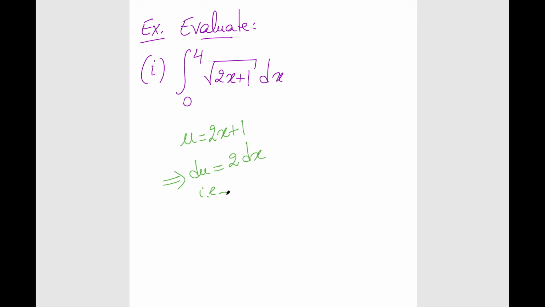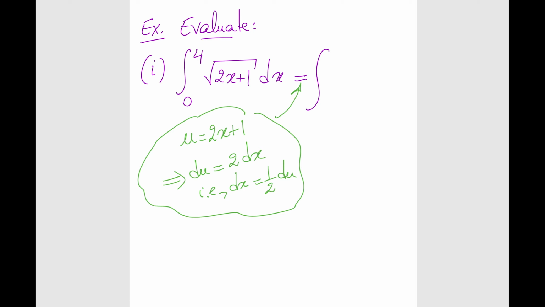Which means dx, I'm gonna do it quickly because we've done this exact work before. So half of du is dx, right? Then this can be thought of as, in terms of what goes here, is the square root of u, right, as usual, dx, which is half du. But the question is what goes here?